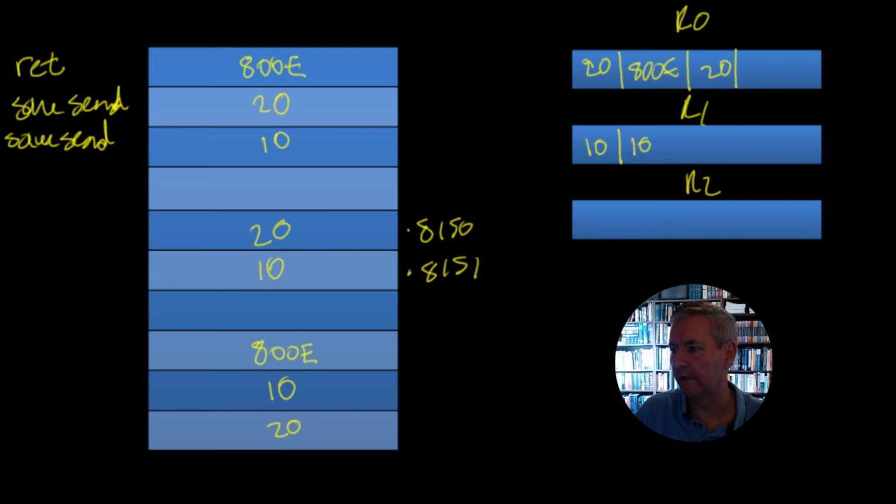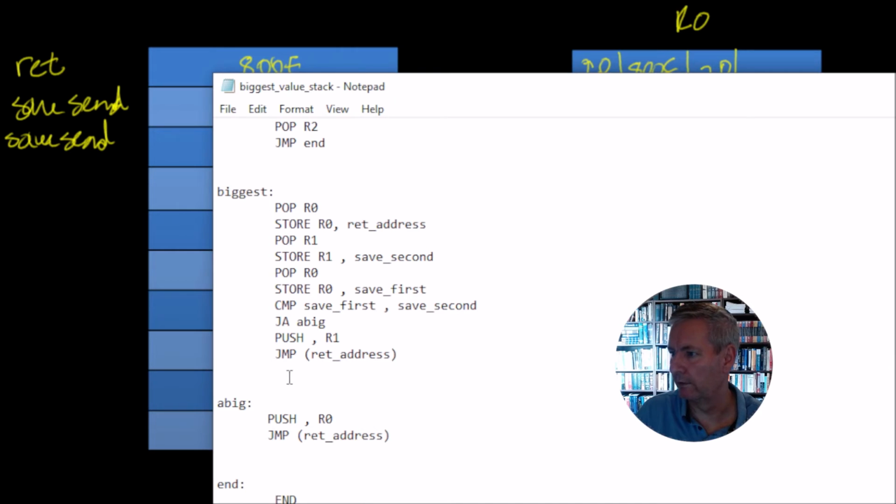So again, we've already taken these values. In effect, these have been taken, they've not been taken off the stack, but the stack pointer is now pointing just to the bottom of the stack here, which is FFF0. So what we can do is we can put the value 20 back onto the stack. So it goes back onto the stack here, and the stack pointer then points to it. And then we can head back up to the part here.